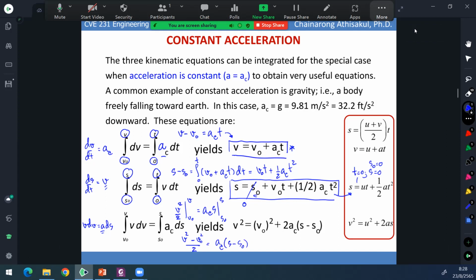After rearranging, we obtain this equation, and for the case where s0 equals 0 it reduces to this equation, which we are familiar with from fundamental physics. That is just a little review of the three kinematics equations that we have learned from fundamental physics.